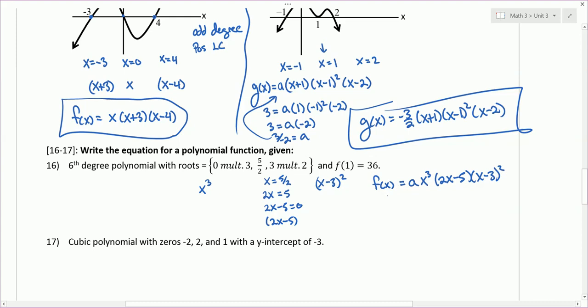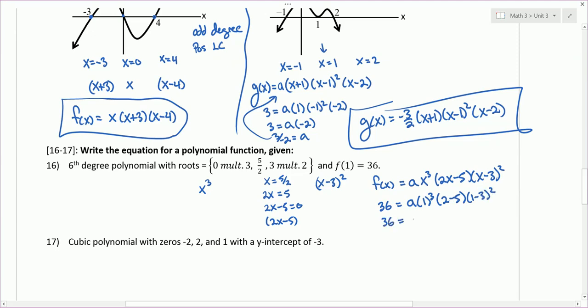And if I plug a 36 in for y, I get 36 when I plug in a 1 for x. That's a times 1 to the third power times 2 times 1 minus 5, so that's 2 minus 5, times 1 minus 3, so it's squared.